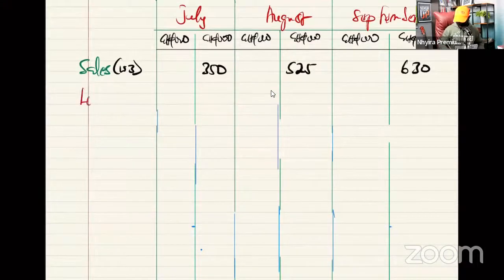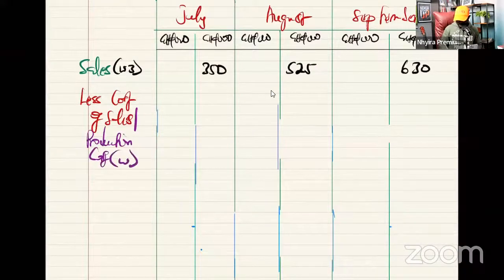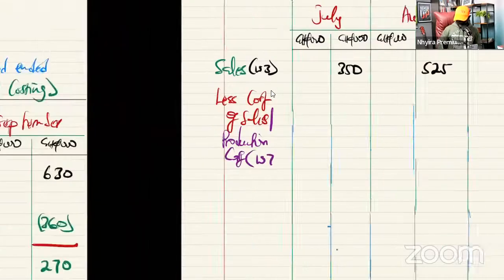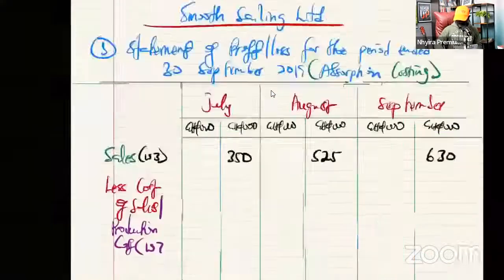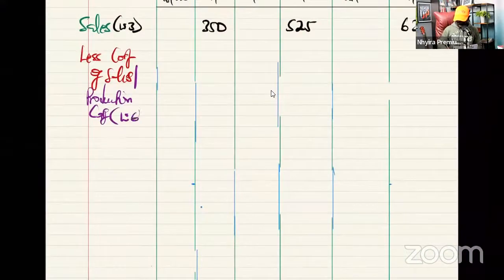So less cost of sales. So technically, this is going to be like less in the production cost. So we're going to do workings for this. Our last workings was 5, so probably this will be 6.